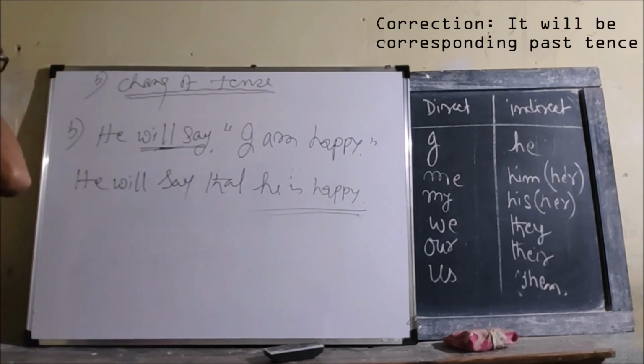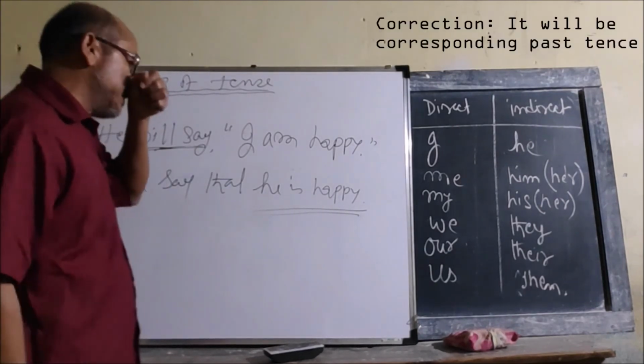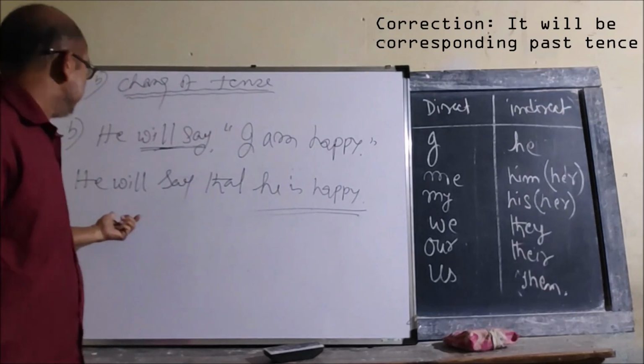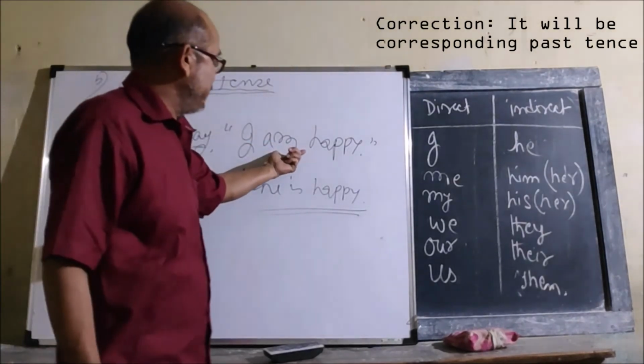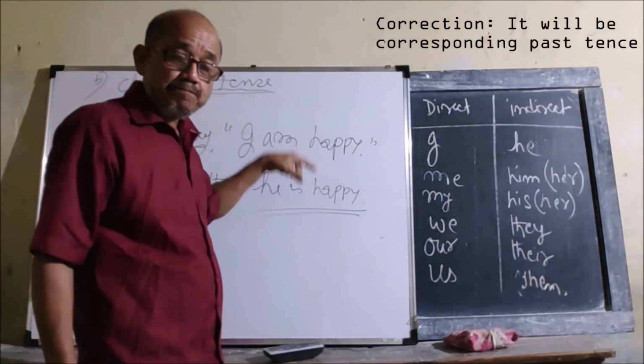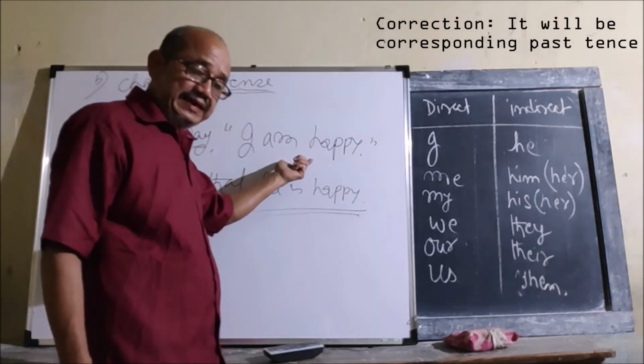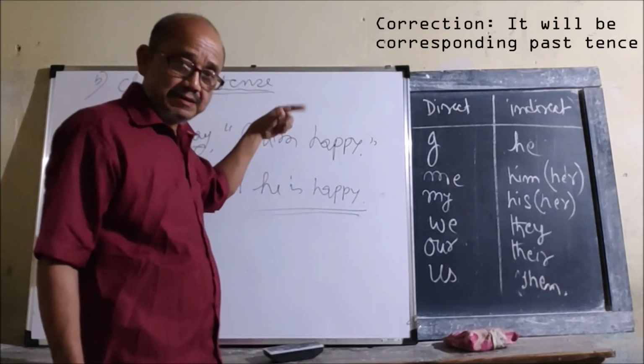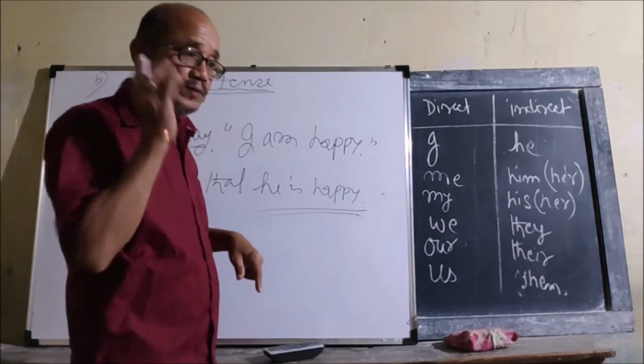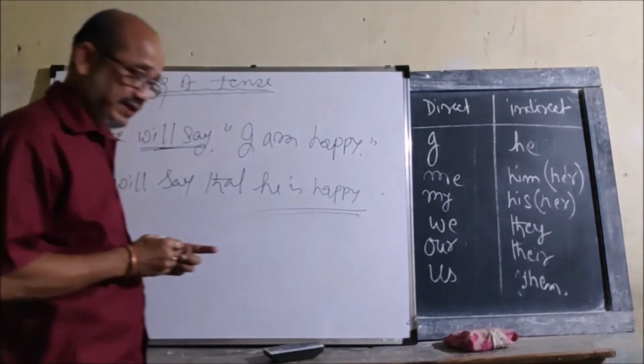What does corresponding tense mean? We will discuss it next. If the tense is present indefinite, then we have to change it to past indefinite. If it is present continuous, then it will be changed to past continuous. Like this, it will be explained in the next class. Thank you.